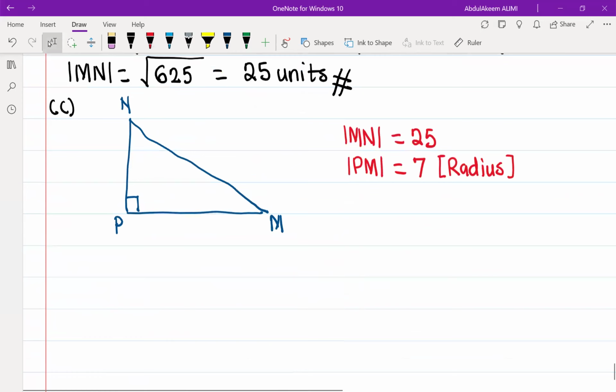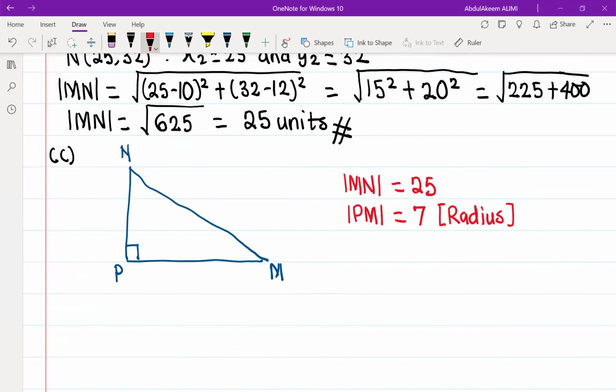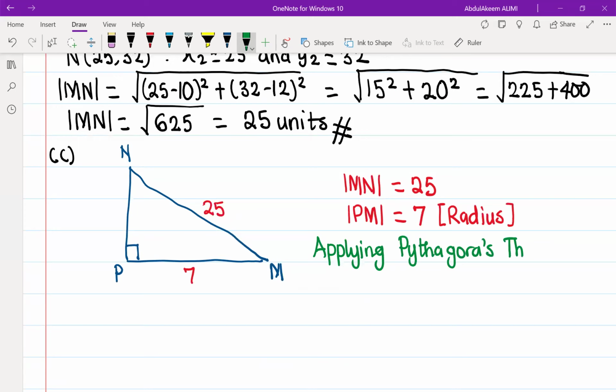So we have that now. So this will now become 7, to now become 25. Since we're having a right angle triangle, so what do we do here now? We are applying Pythagoras Theorem, which states that hypotenuse square equals opposite square plus adjacent square.